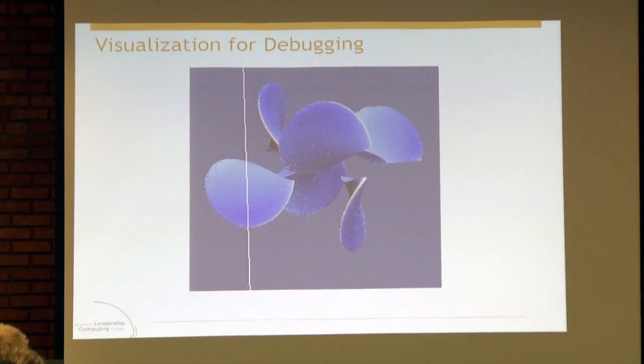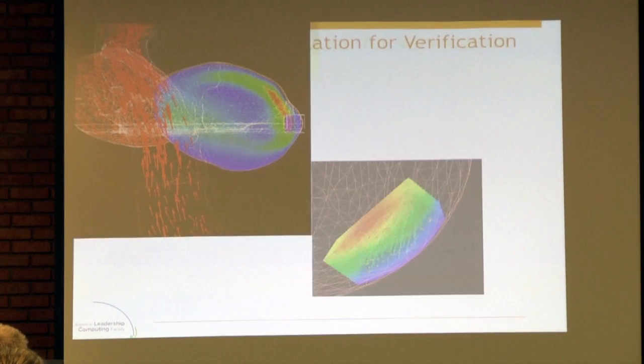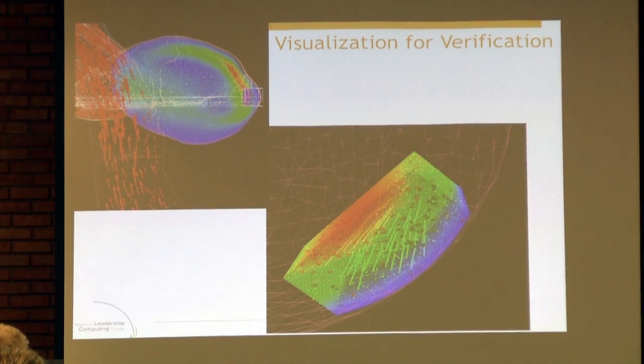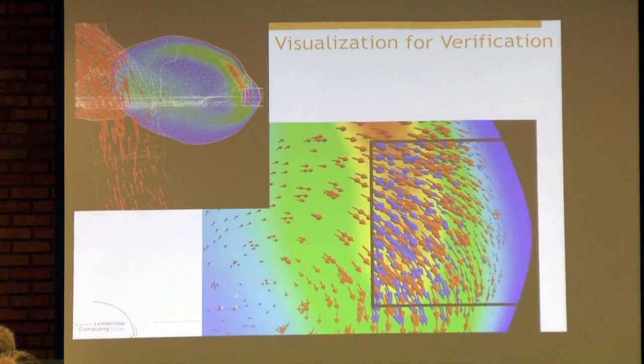So this subregion is where the particle dynamics is being run. And so it's important that the boundary between those two areas is accurate.